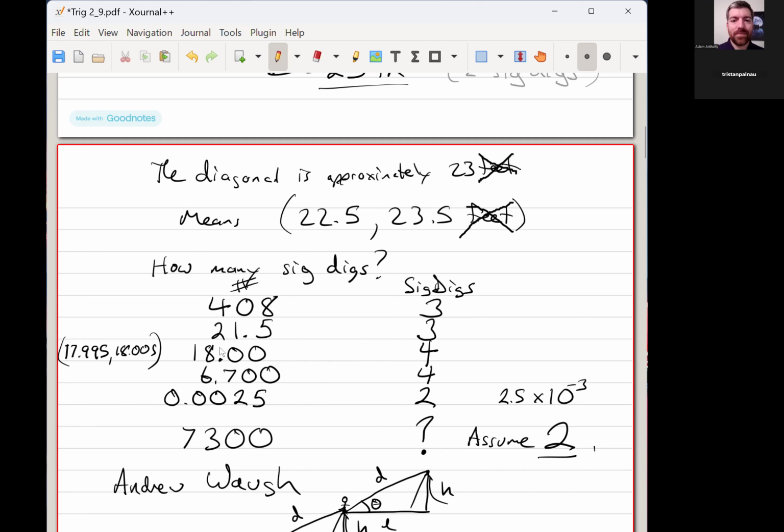So this number should be 18.00. This was measured to the nearest hundredth, right? So there's four. 6.700, same thing, right? Four, one, six, seven, and then two zeros, three, four.